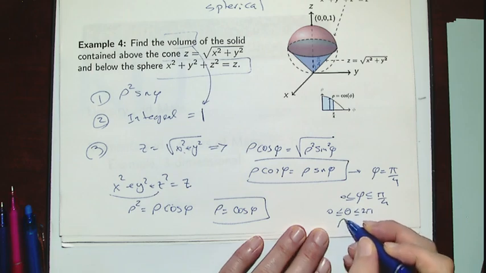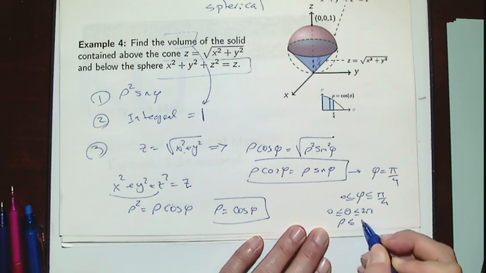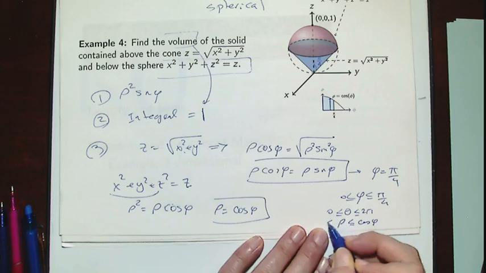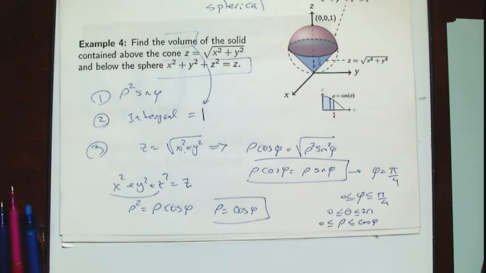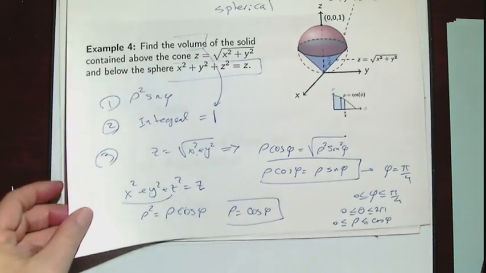Rho is getting complicated. Rho is between cosine of phi and 0. Wait, is this true? Should we check? How do I check? Is theta a full rotation? Theta is a full rotation. So I'm going to check between.